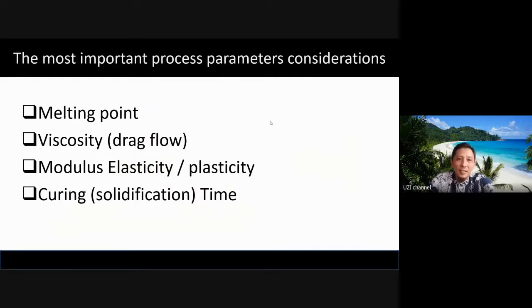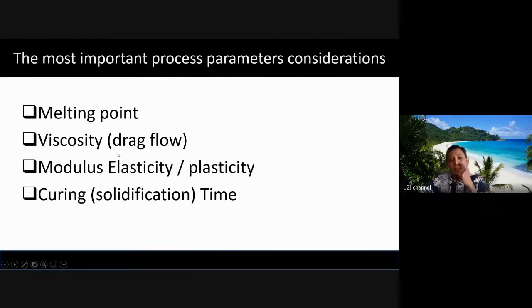Okay, these are the most important process parameters we have to consider when we process polymers from raw material to the final product. First is melting point, and secondly viscosity.